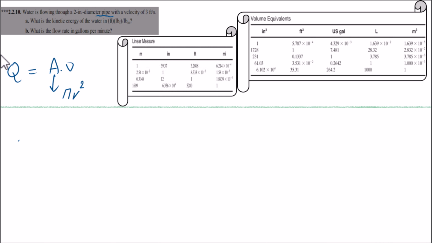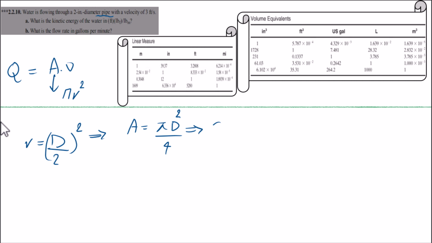And if 2R equals 1 diameter, we can say that R is half of diameter. And if we square this, A will be pi D squared per 4. So Q will be calculated by this formula: pi D squared per 4 multiply velocity of water.